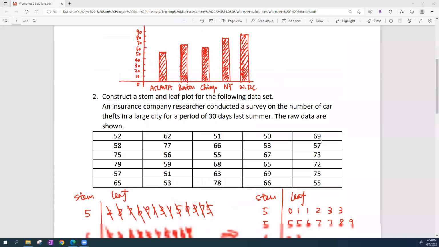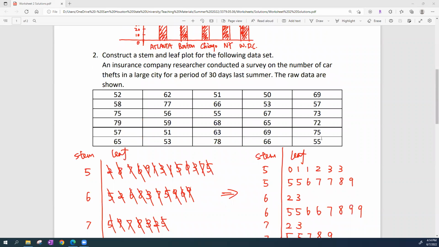And number 2, we want to construct a stem and leaf plot for the following data set. An insurance company researcher conducted a survey on the number of car thefts in a large city for a period of 30 days last summer. The raw data are shown below. So we have 1, 2, 3, 4, 5, 6 rows, and then 5 columns.